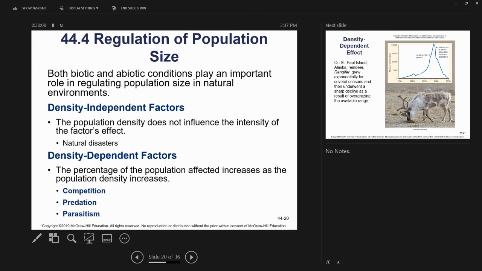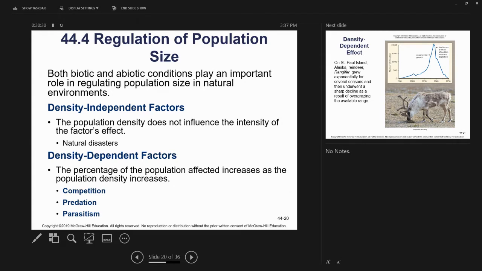Density-dependent factors that control population growth are related to how likely you are to encounter these factors, because the more of you there are, the more closely packed together you are, the more likely you're going to be killed by one of these factors. So competition is density dependent.